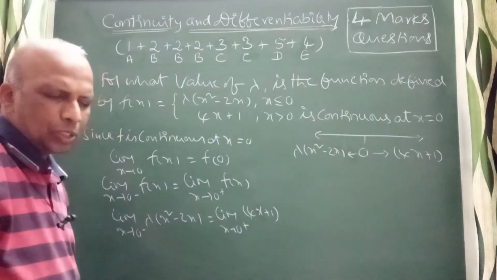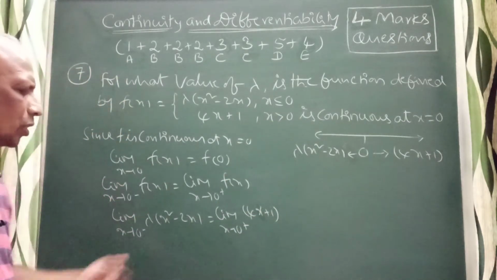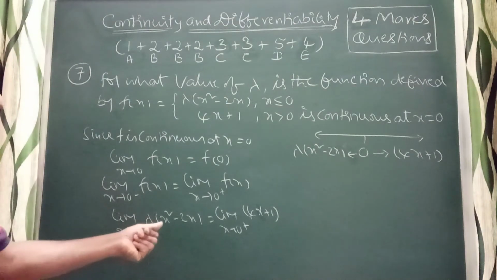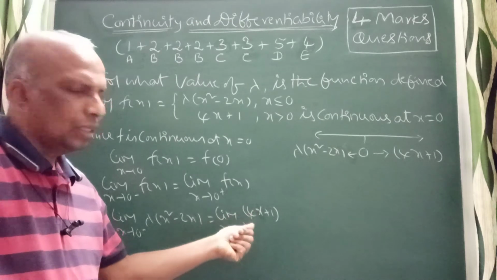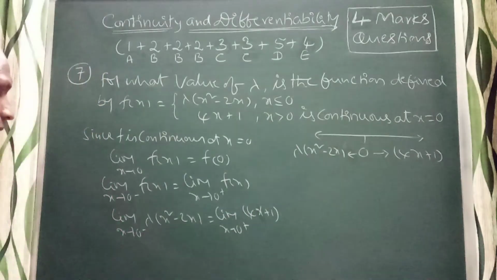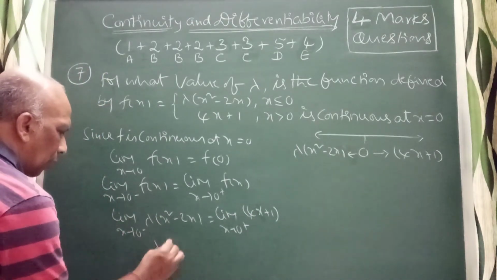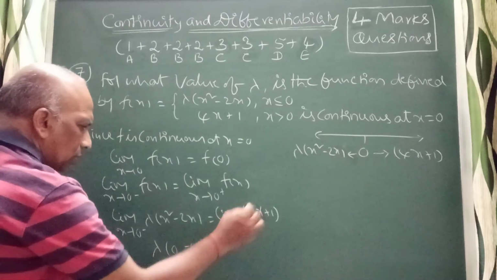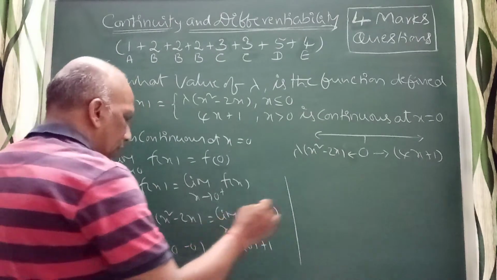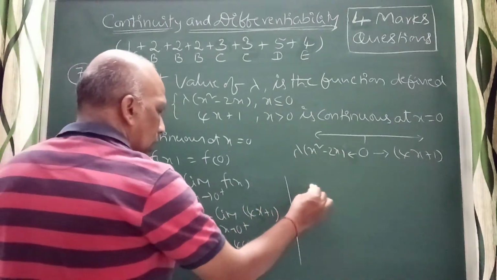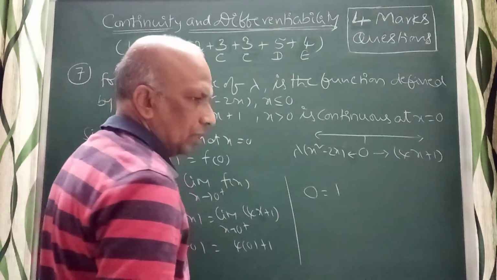You get 4x plus 1. I have written the function right. If I substitute lambda into 0 minus 0 on the left, and 4 into 0 plus 1 on the right, then you will get lambda into 0, that is 0, equal to 1.